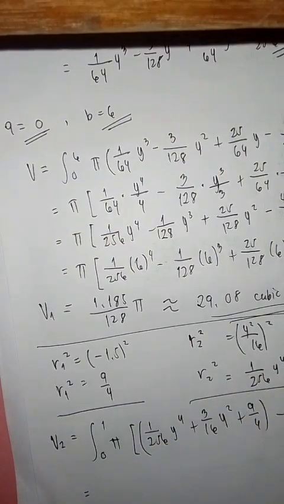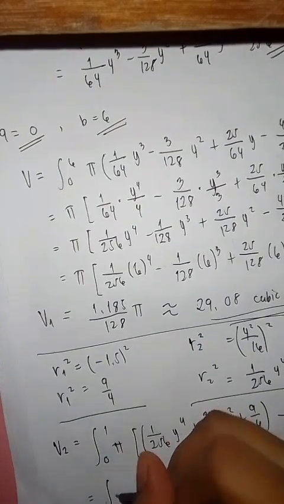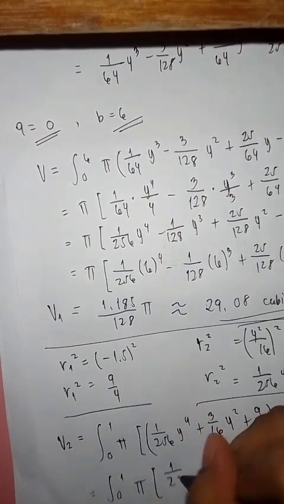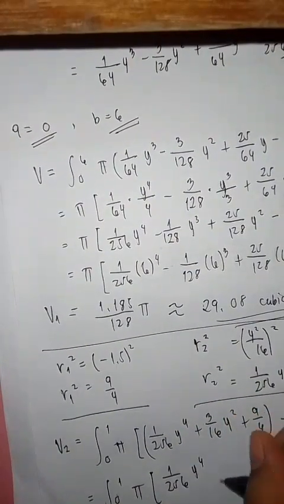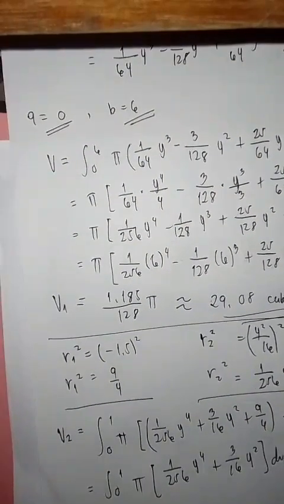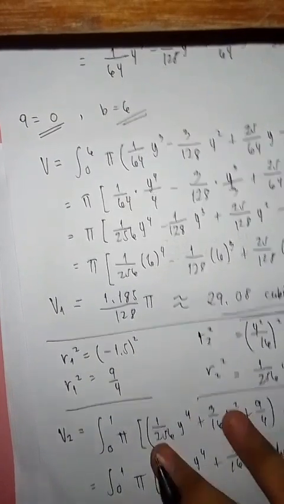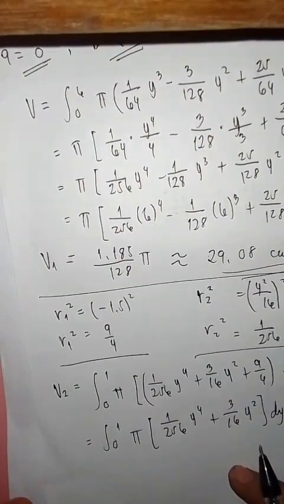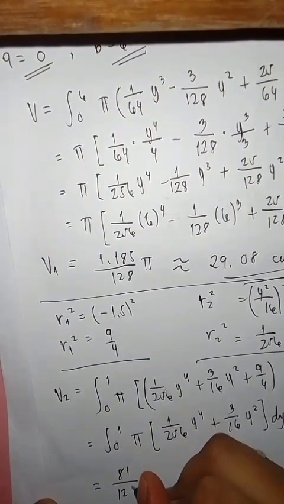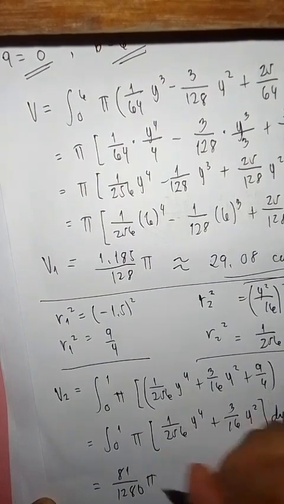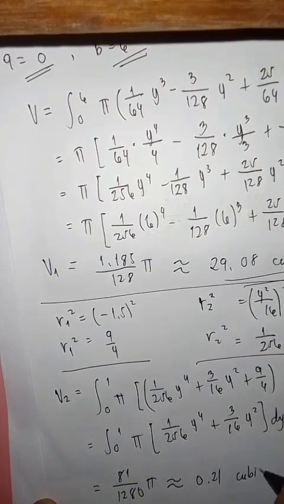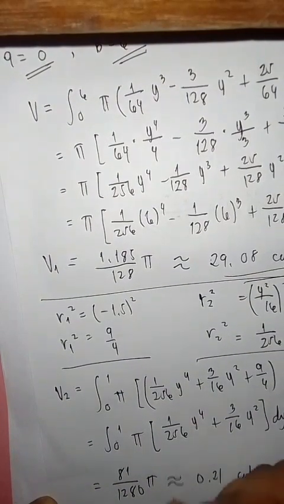Now this will become 1 over 256 y raised to 4 plus 3 over 16 y squared dy. Using the calculator, the result is 81 over 1280 pi, or approximately 0.21 cubic units.